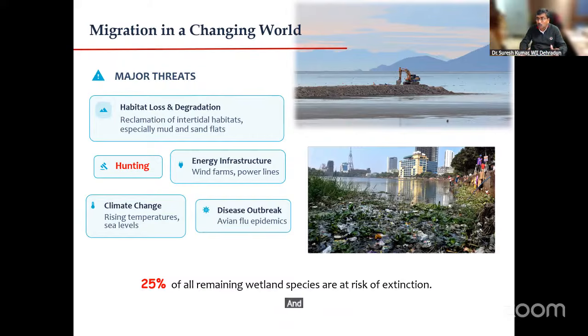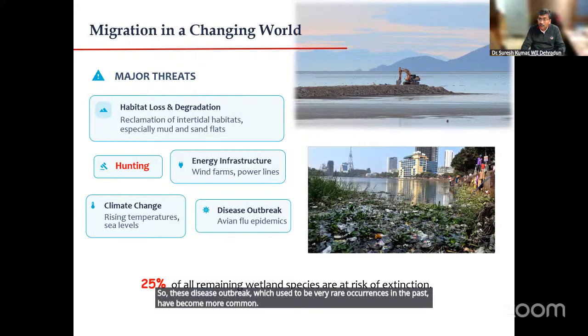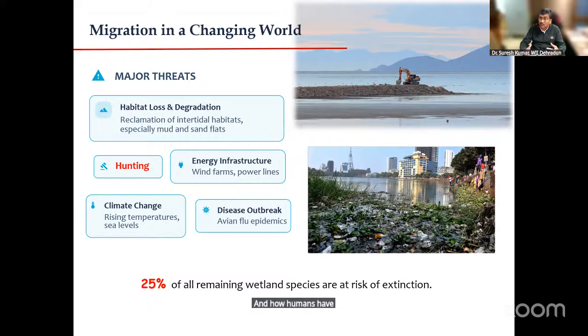And as a whole, many of the other migratory birds, especially water birds, are seriously under threat due to disease outbreaks. These disease outbreaks, which used to be very rare occurrences in the past, have become more common. And how humans have shaped or changed the landscapes is also influencing many of these birds.